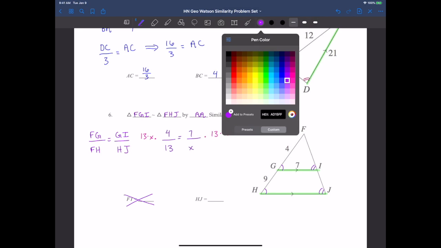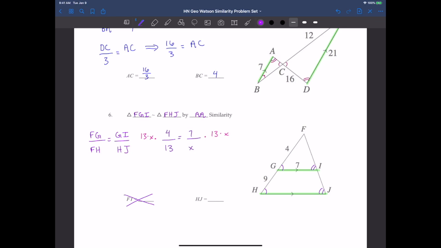So when we multiply both sides by 13x, the x is canceling here, the 13 is canceling here, and that gives us 4x equals 7 multiplied by 13. So x is equal to 7 multiplied by 13 over 4, and that answer goes here.